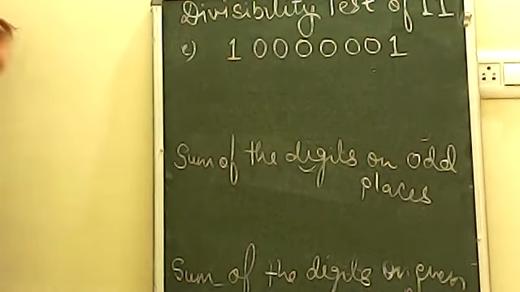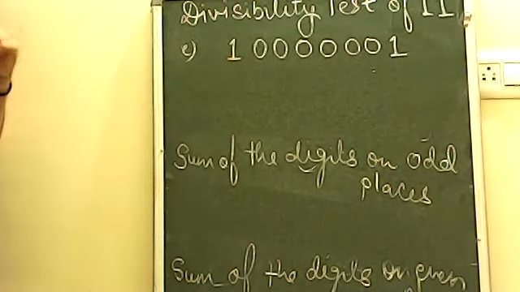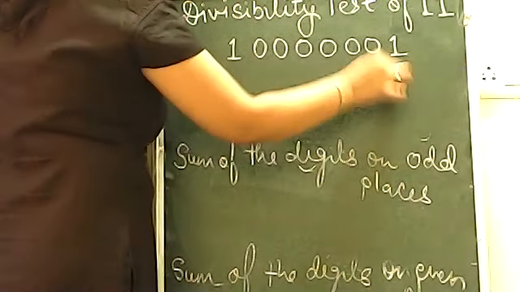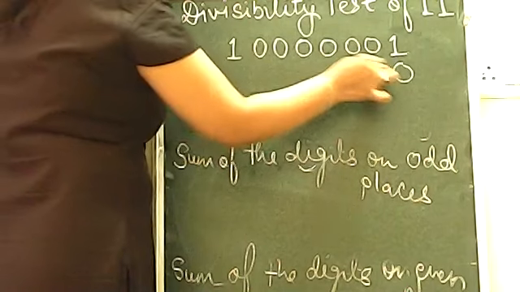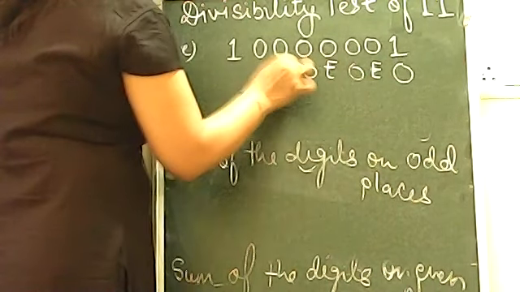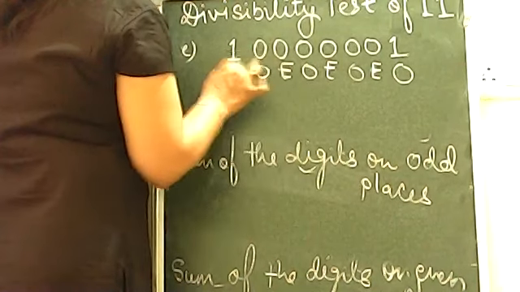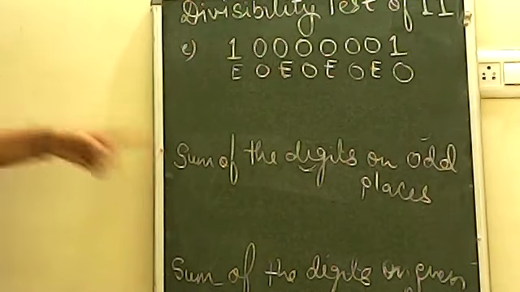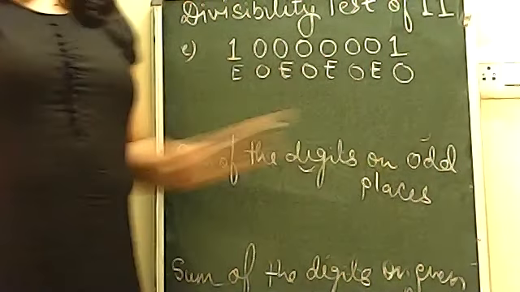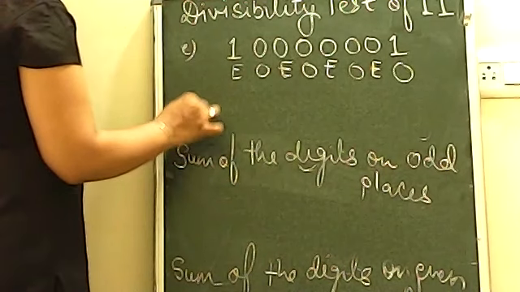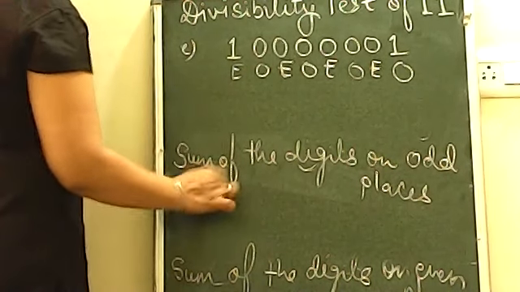Now, the first step I told you is to mark the places. You know the first place starts as odd, second is even, odd, even, odd, even, odd and even. That is the first thing. The second thing is the sum of the digits on odd places. Now I am writing it over here.